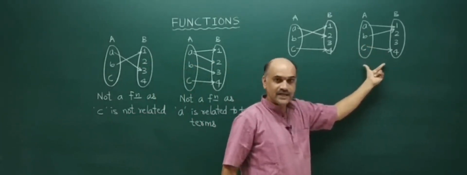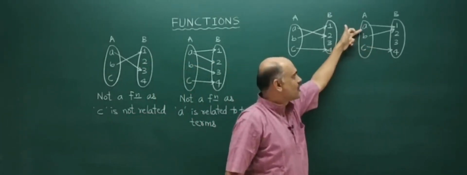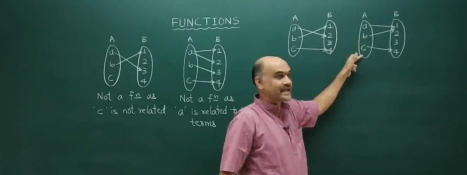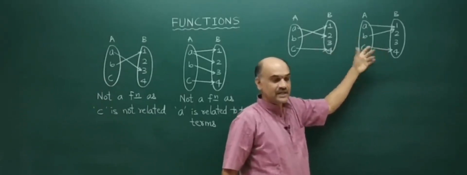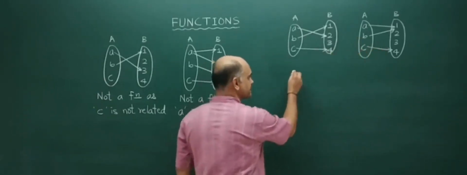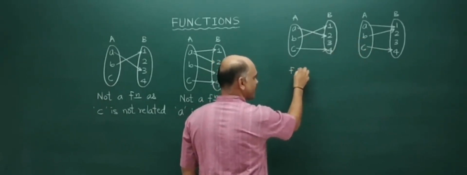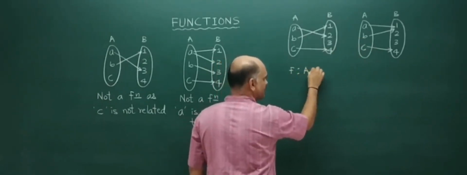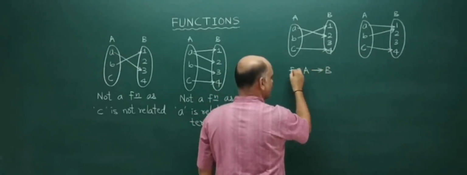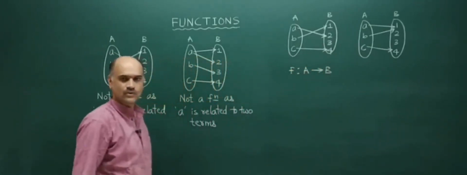This is also a function because all elements of set A are related. So function is denoted in this form: f, two dots, from A to B. Function from A to B.